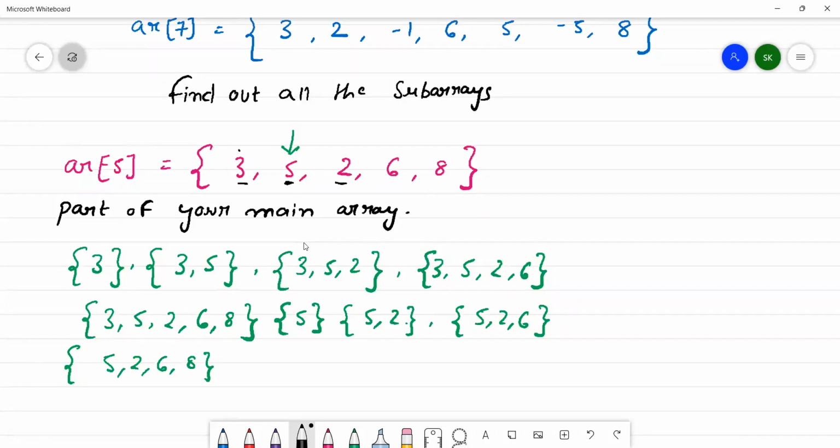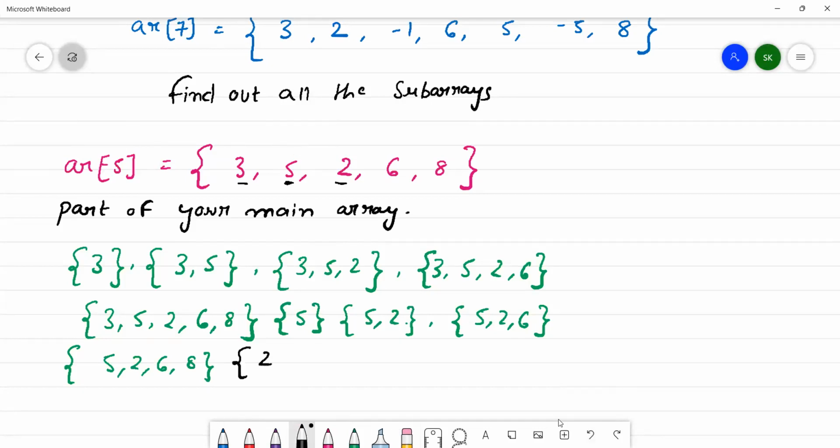I am not picking 3, then 2, then randomly 8. If you do this random jumping, it is not known as a subarray, but a subset. Clear? So we are focusing here on subarrays, not subsets. In a subarray, whenever you pick the numbers, they should be in continuous order, and in between, no number should be skipped.